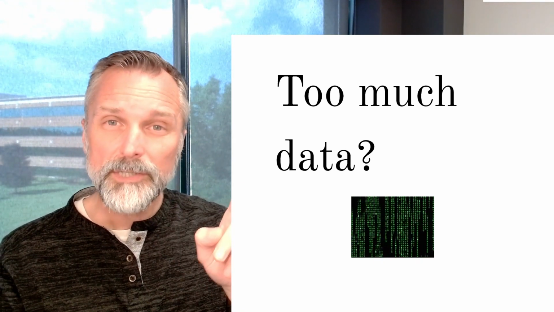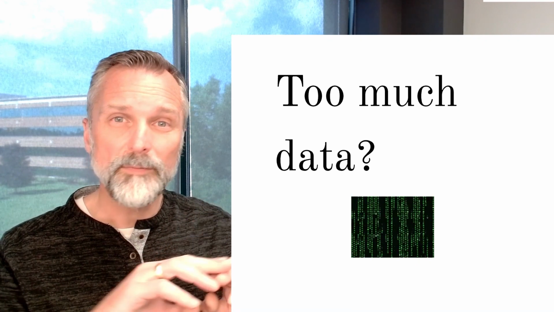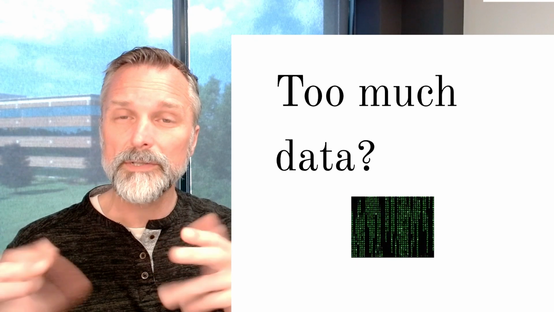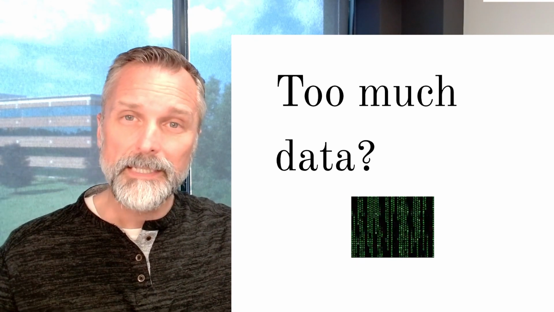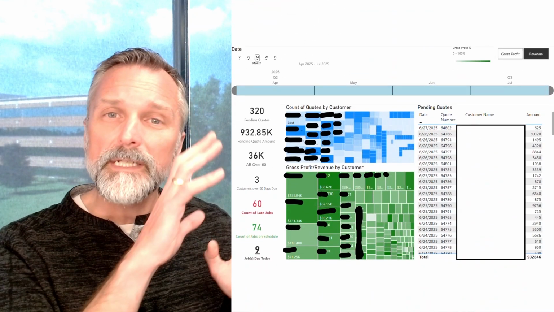I'm going to start with an illustration. It's primarily geared towards salespeople in this case, but it would be equally applicable to project managers or supervisors that are responsible for acting on the data that you collect in your business. So what do I mean? Here's a typical page.